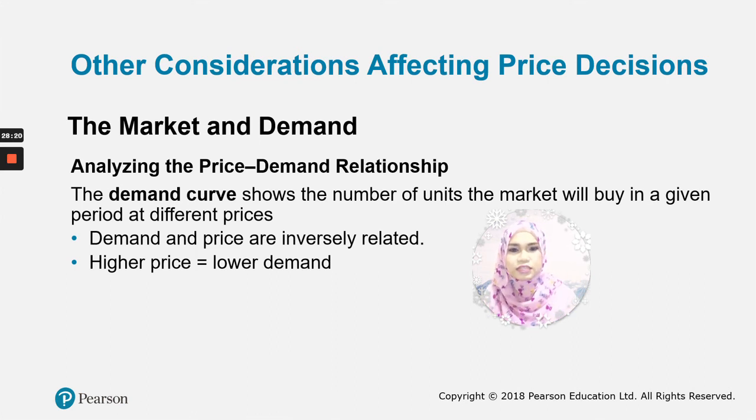So you will be able to see how demand changes according to the different prices that you can set. Demand and price are inversely related. Inversely means opposite: a higher price will result in lower demand, while lower prices can lead to higher demand.